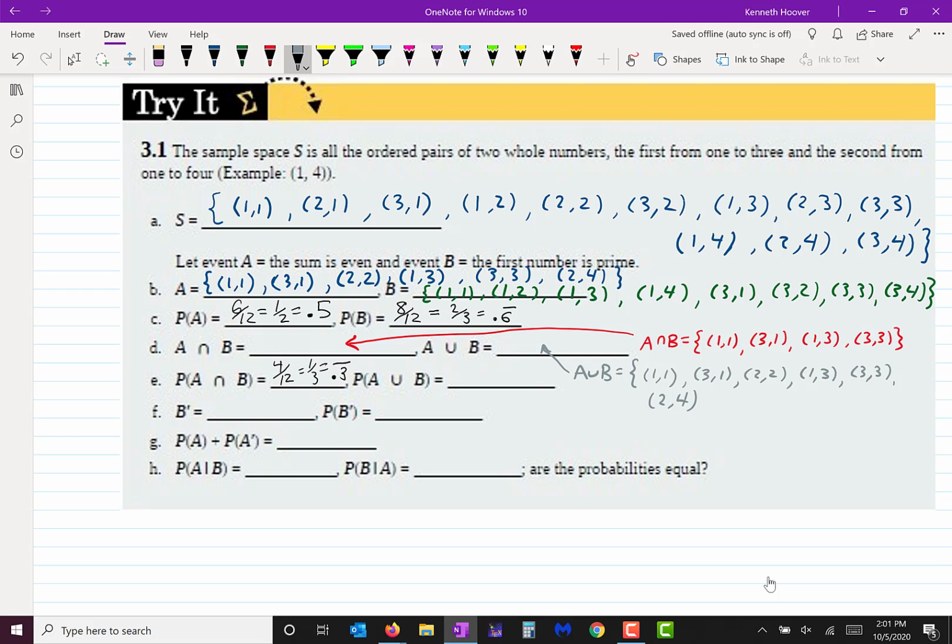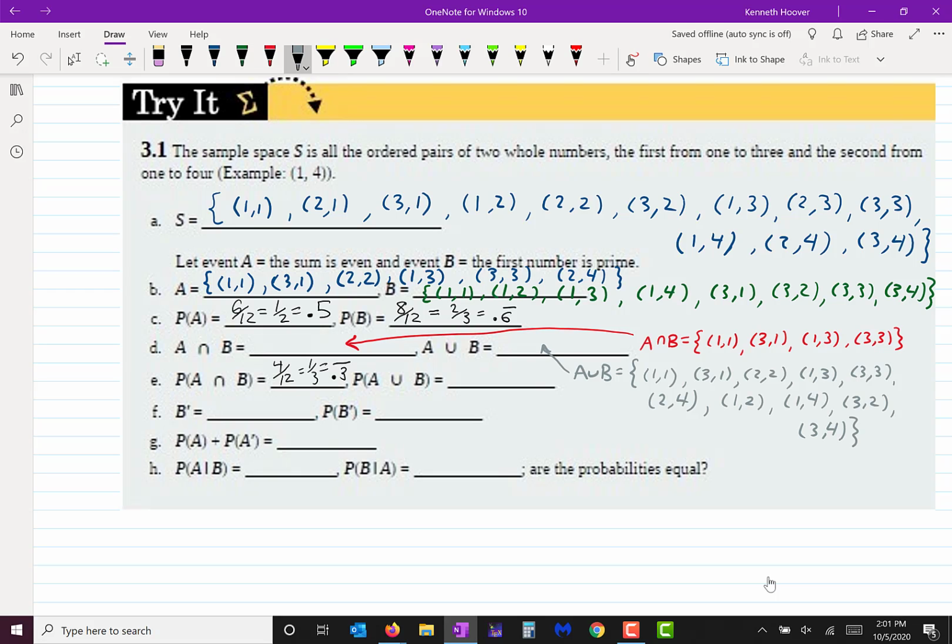Now I want to throw in there as well anything that's in B that I don't already have written down. So that's going to add to there 1, 2. And 1, 4. And 3, 2. And 3, 4.